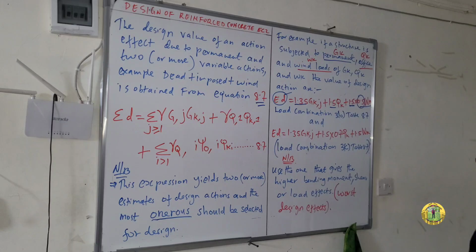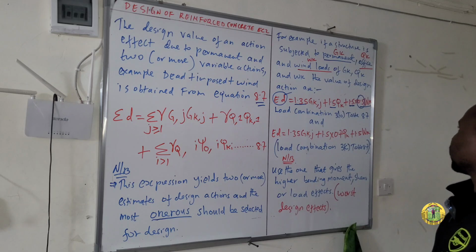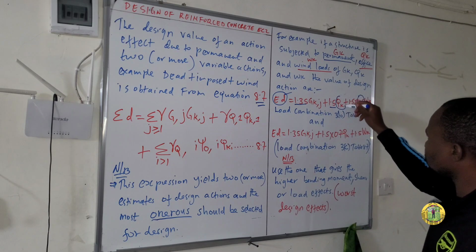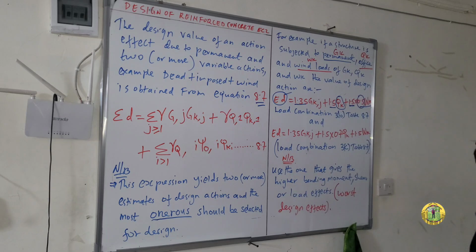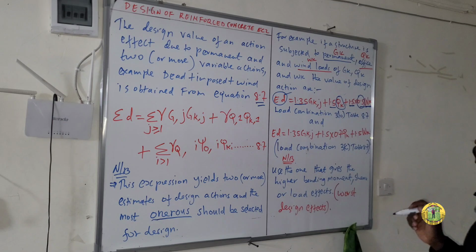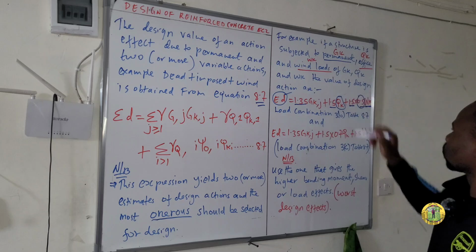It is because we have two variable actions, the QK and the WK. This QK is the leading action or the primary action, and this WK is the secondary or accompanying action. It is accompanying this QK.